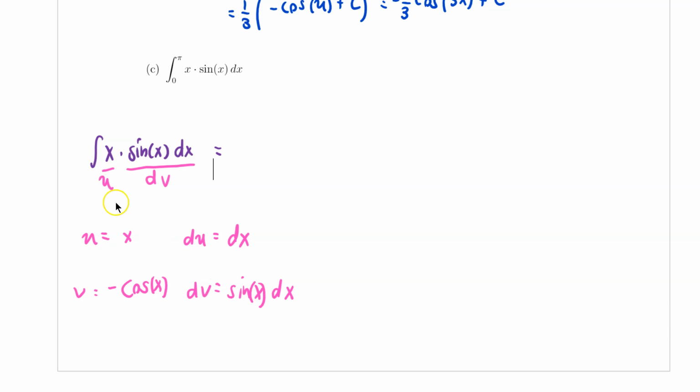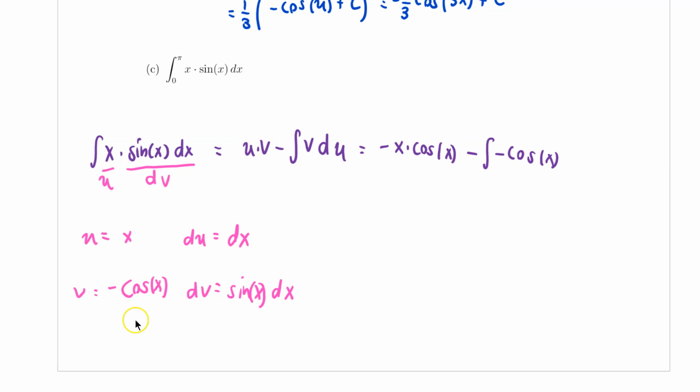So then I can use the formula. The integral of u dv is going to be just u times v minus the integral of v du, which is going to be, u times v is x times negative cosine of x, so that's going to be negative x times cosine of x, minus the integral of v, which is negative cosine of x, and then du, which is just dx.